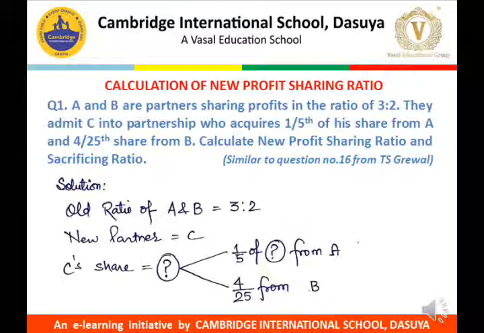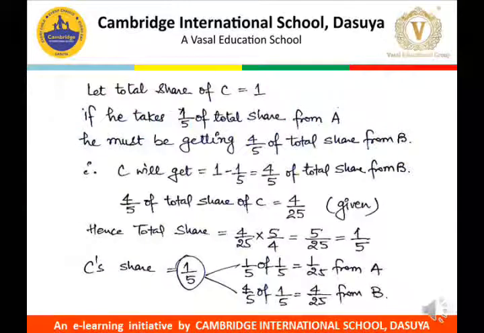So 1 by 5th of his share from A and 4 by 25th from B. It is not 4 by 25th of his share. It is written as 4 by 25th share from B. Now we will assume let the total share of C is 1.